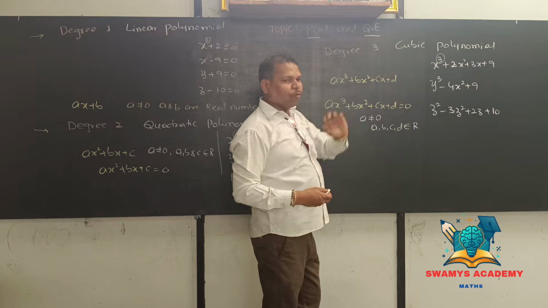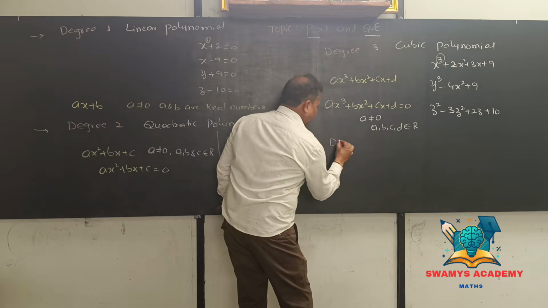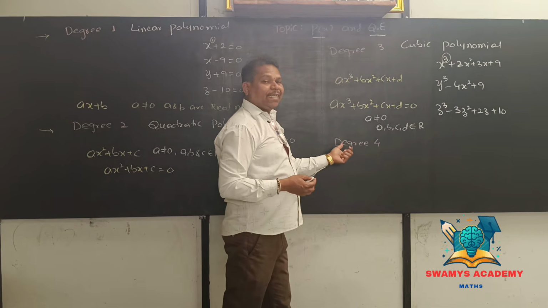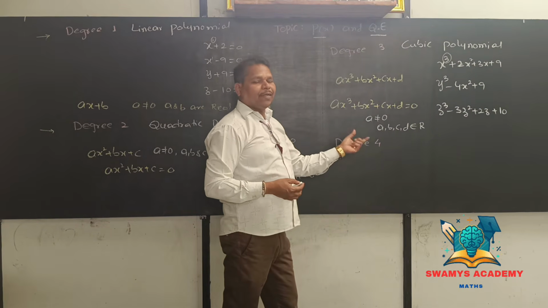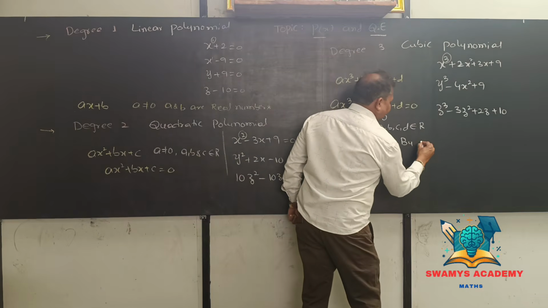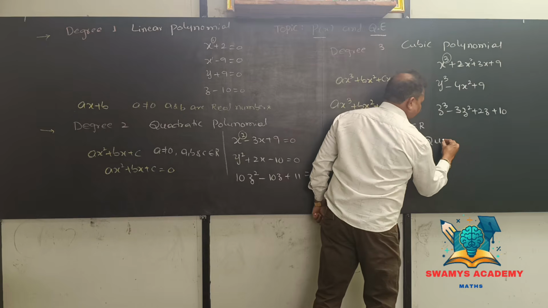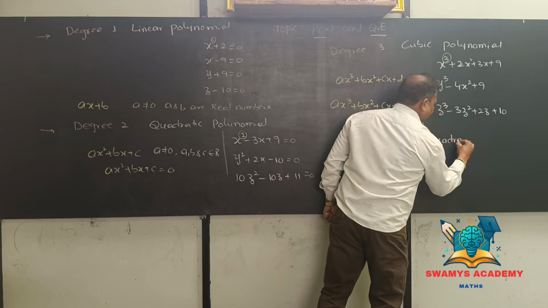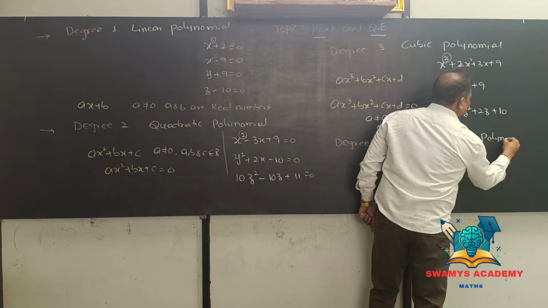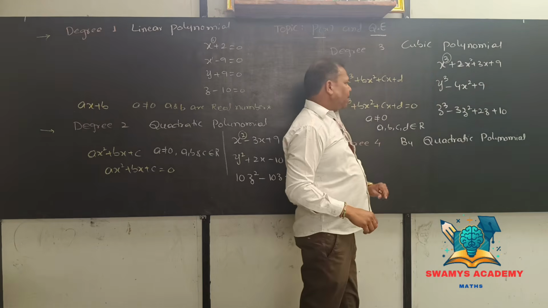Next is degree 4. If the degree is 4, it is a biquadratic polynomial.